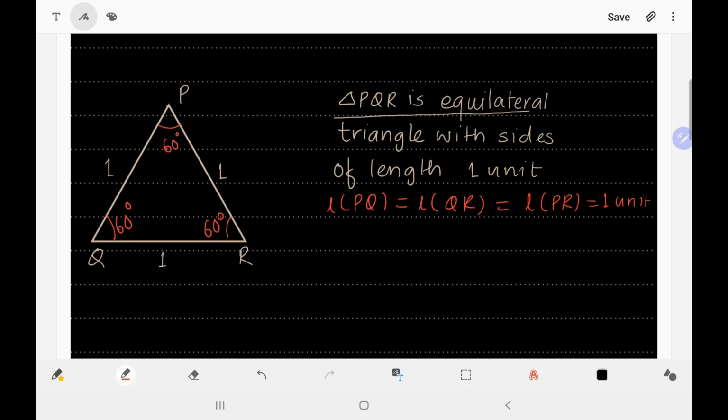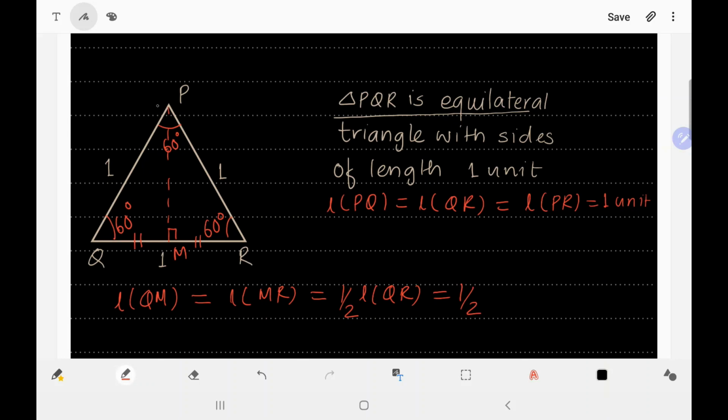Now let's draw a perpendicular PM from point P on base QR. From the property of an equilateral triangle, we can conclude that the perpendicular drawn on QR will divide QR into equal parts. That means length of QM is equal to length of MR, which is half of length of QR, which is nothing but half, since length of QR is 1.